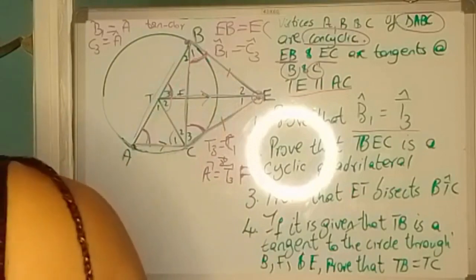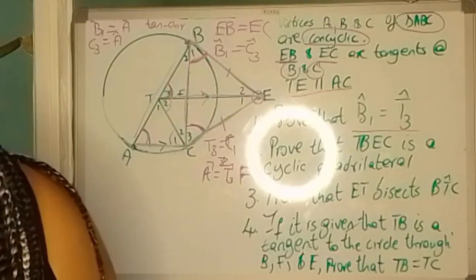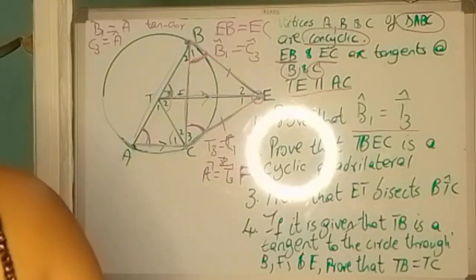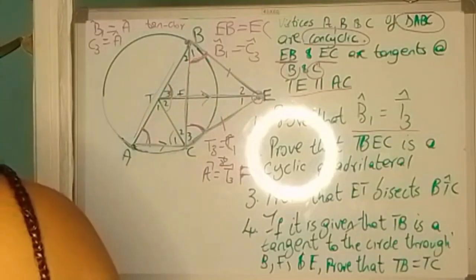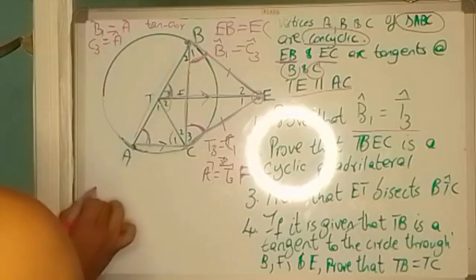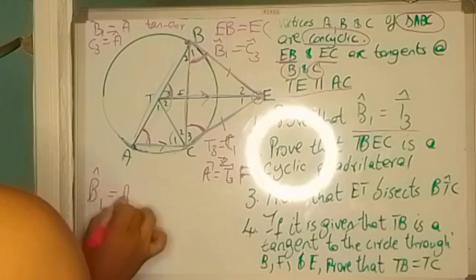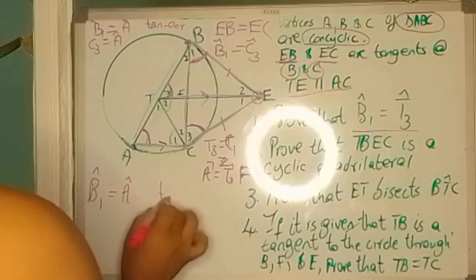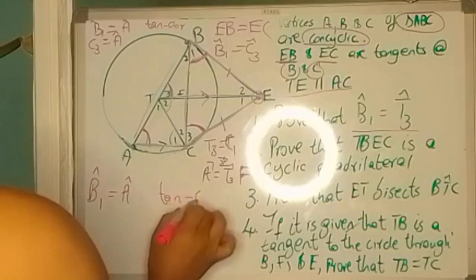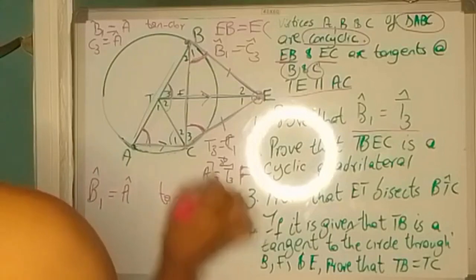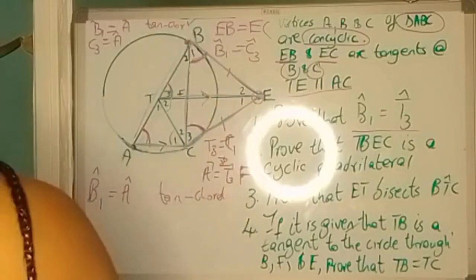So what information do we have? First, we said that B1 is equal to A, and the reason there was the tangent chord theorem. That's the information we drew up there.